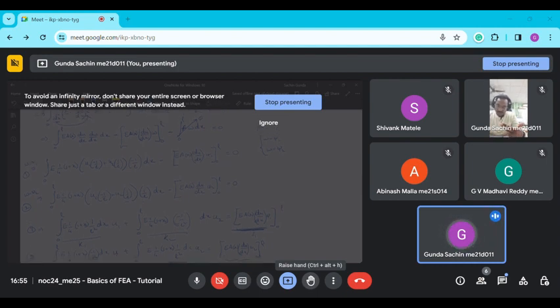Then we substitute the assumed interpolation solution into the equation. For the weight function, we assume two cases, psi1 and psi2. For weight psi1 we get one equation, and for psi2 we get another equation.